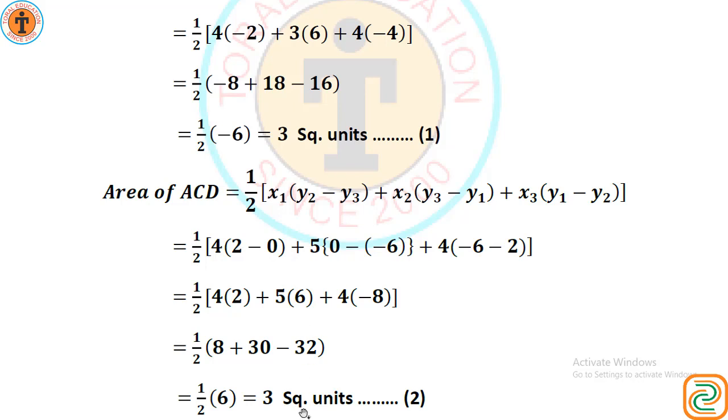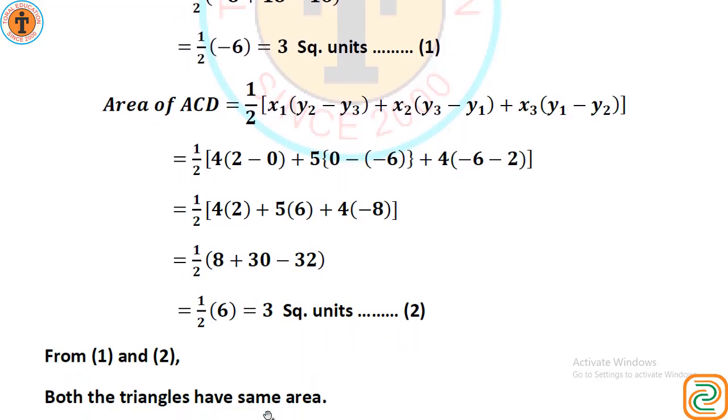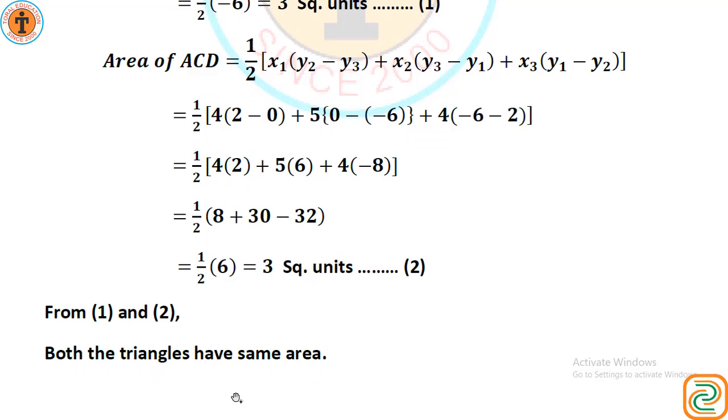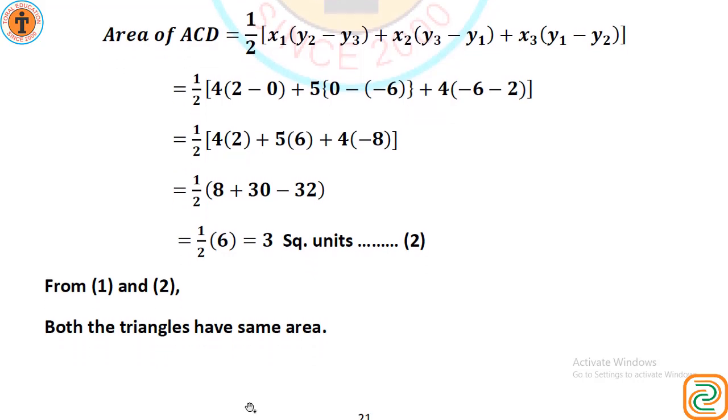From 1 and 2 you can say both the triangles have the same area, 3 and 3. Therefore the median divides the triangle into two equal areas. This is proved.